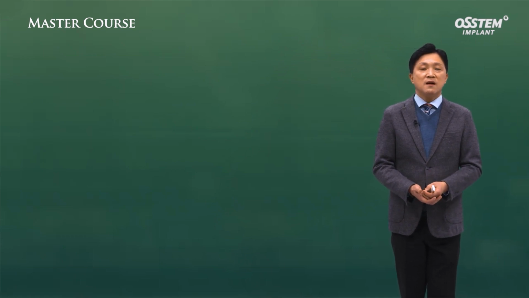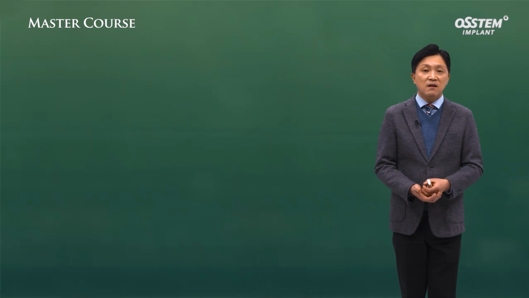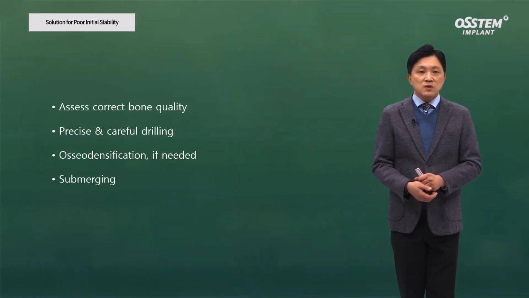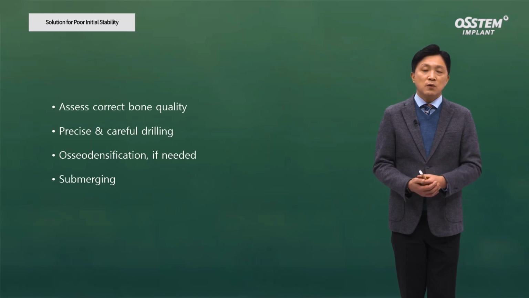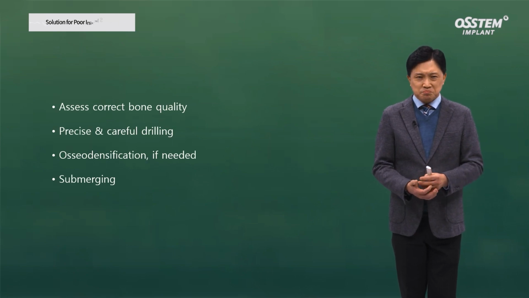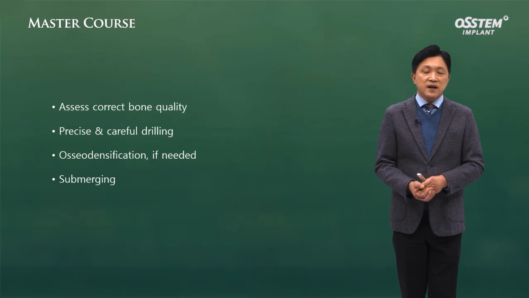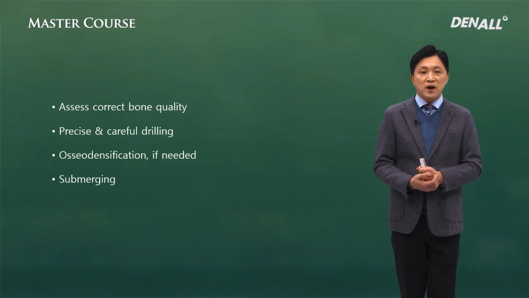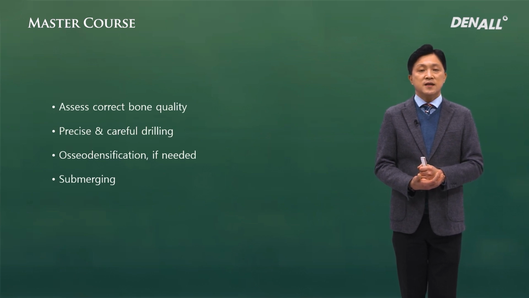If you want more details, if you want to increase the initial stability even just a little bit more, before surgery, we need to accurately determine the bone quality where an implant is to be placed at the time of drilling. Accurate drilling without changing the axis is very important.